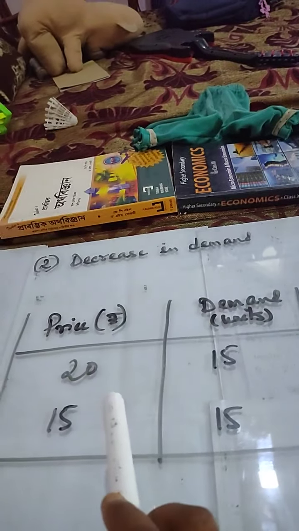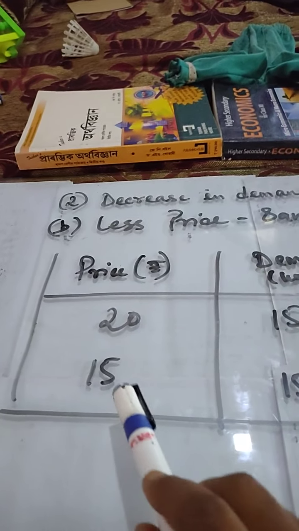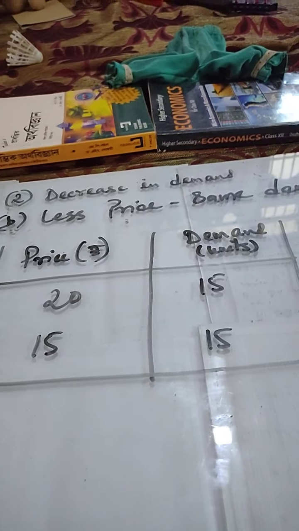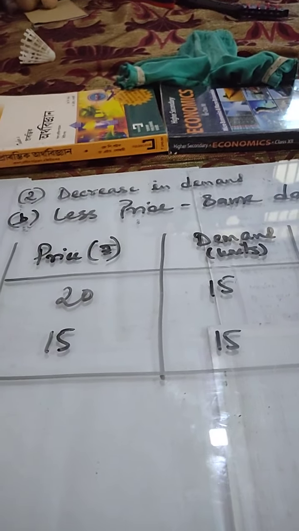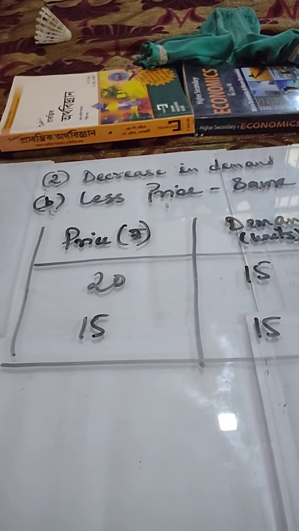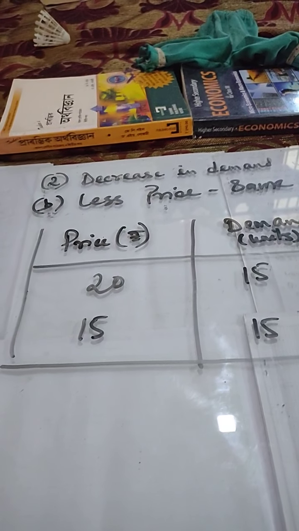So the next situation is less price, same demand. You see in the first column prices 20 and 15 are considered here, and in the second column the demand in units is 15. Sometimes what happens is, due to a fall in the demand for a commodity, the consumers are ready to pay less price for the commodity.